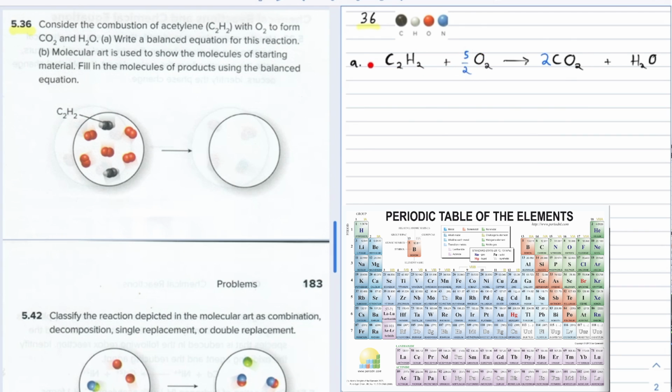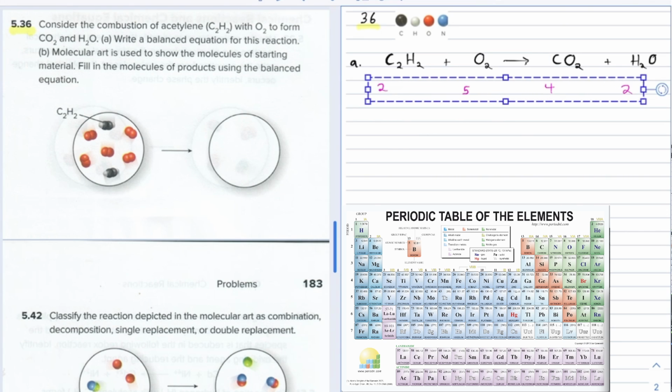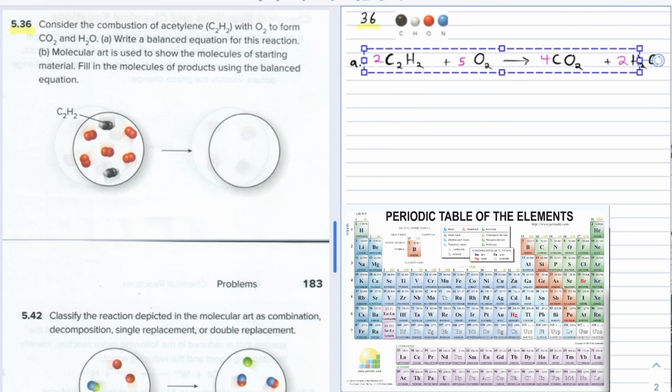So if we multiply all of the coefficients by 2, we would get 2, 5, 4, and 2 for the coefficients. So multiplying the 1, the 5 halves, the 2, and the 1 by 2, that's what we get. So we can replace these coefficients up here with the new balanced ones. Let's go ahead and drag these up, and that should balance the equation.